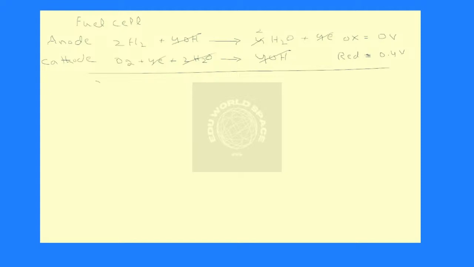So we can say that two hydrogen react with an oxygen forming two water molecules, and the overall cell potential E cell is equal to the oxidation potential plus reduction potential, so it is equal to 0.4 volt.